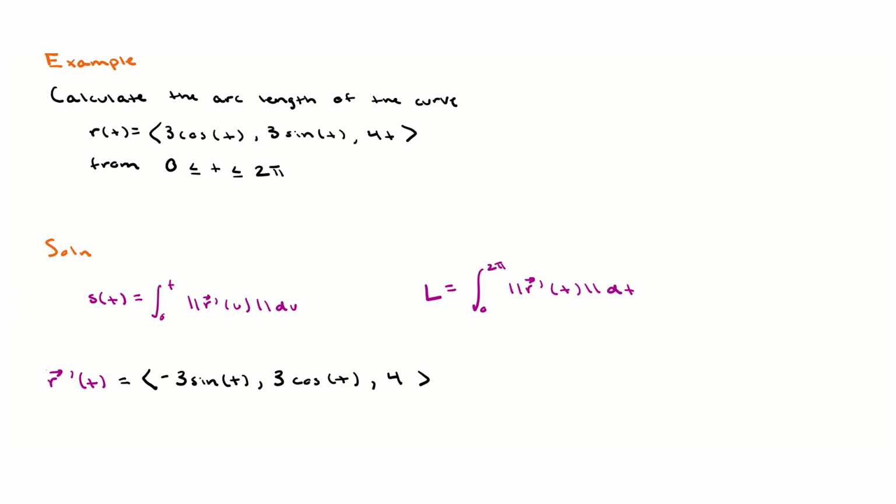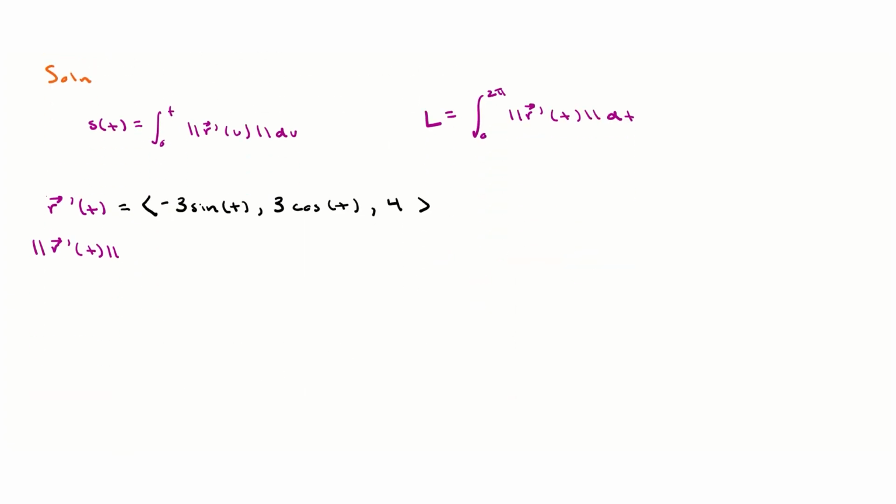So we've got the derivative of our curve, and now we need to find the magnitude. Our magnitude is represented by the square root of negative 3 sine of t squared plus 3 cosine of t squared plus 4 squared.